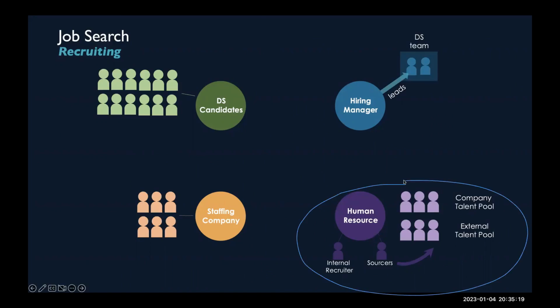Big companies like RBC, Loblaw Digital, or big tech have a pretty big HR team. So they have internal recruiters and also a sourcing team, right? Internal recruiters are different from the regular recruiters we see on LinkedIn. Those are recruiters working for staffing companies.